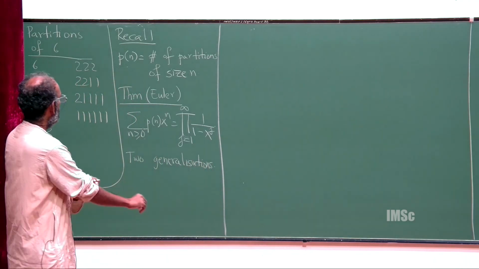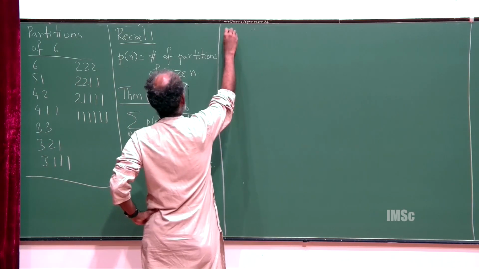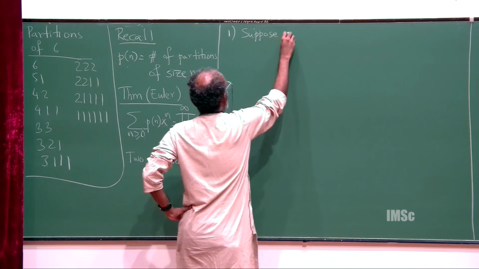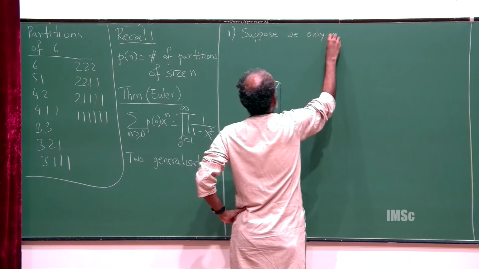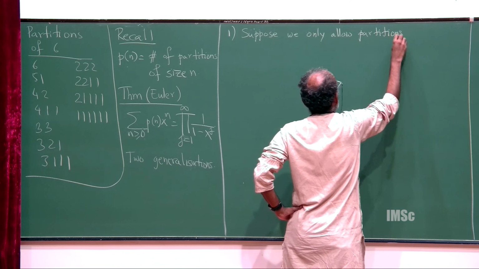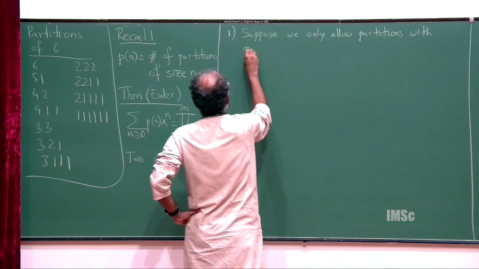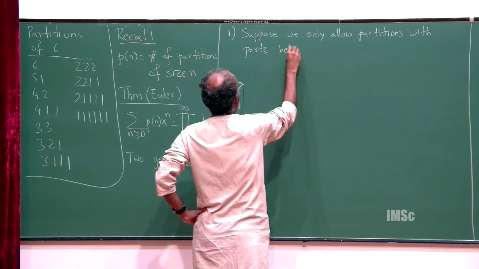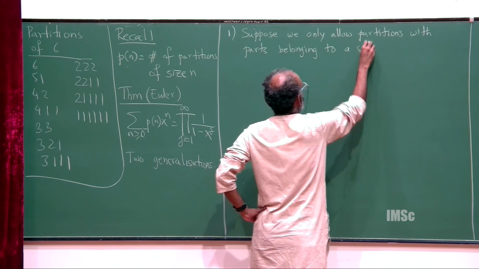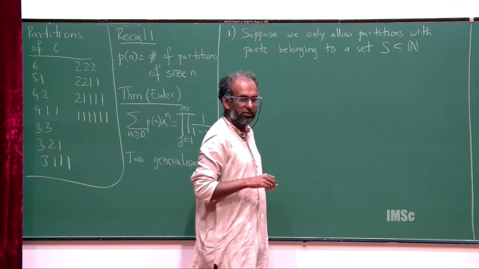So first, suppose we only allow partitions with parts belonging to a set S, which is a subset of the natural numbers, including 0.